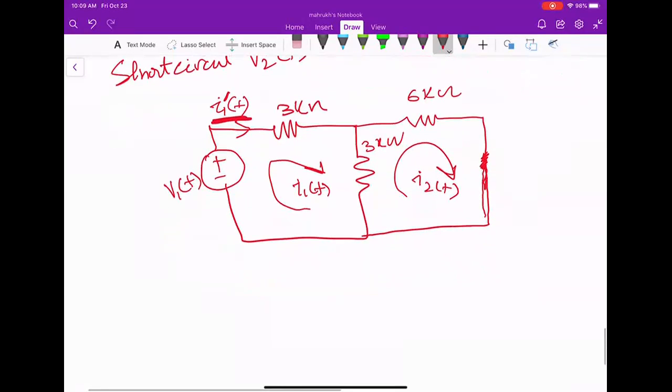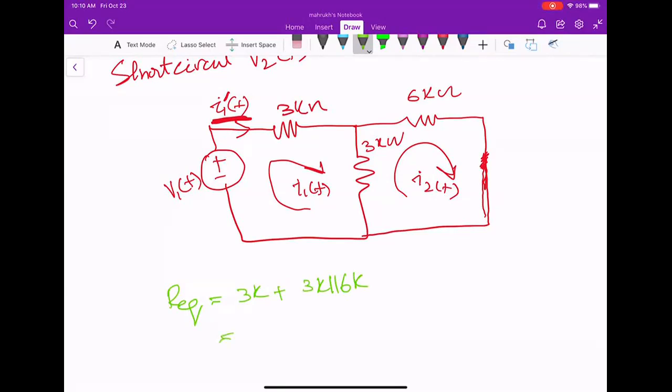So I1 dash of t I can find out easily by current division rule, right? But first, R equivalent here is 3K plus 3K in parallel to 6K.